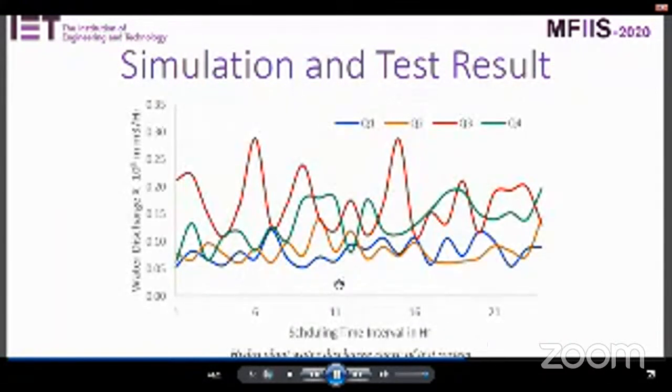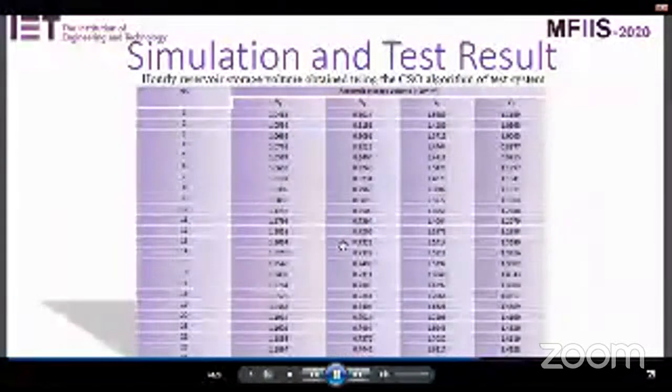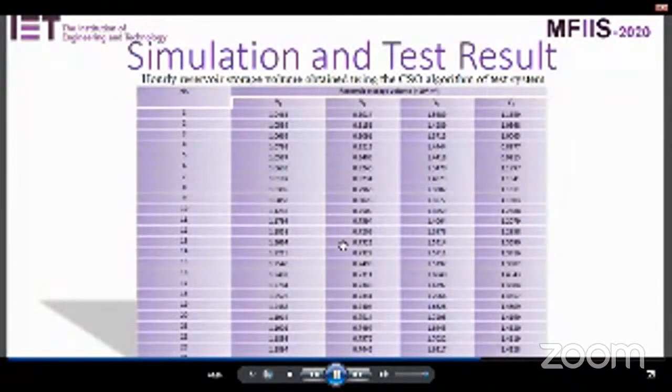The next slide describes a schematic representation of the hydel plant's water discharge curve for the particular test bed. This table represents the hourly reservoir storage volume obtained using the CSO algorithm over the test bed system.